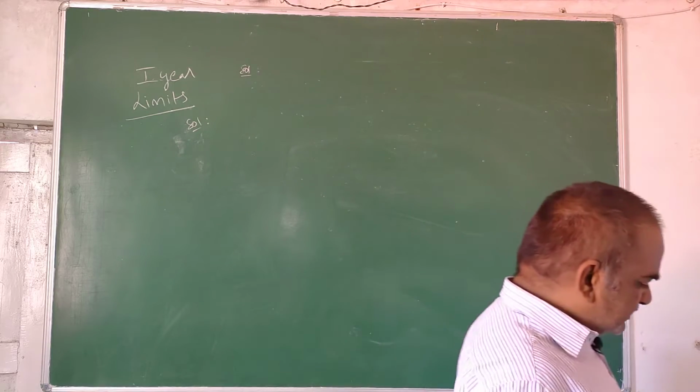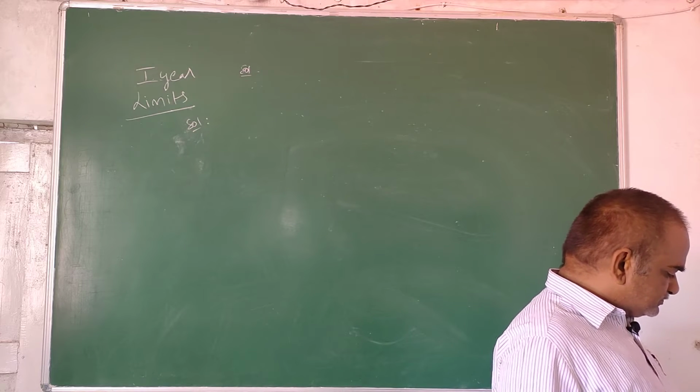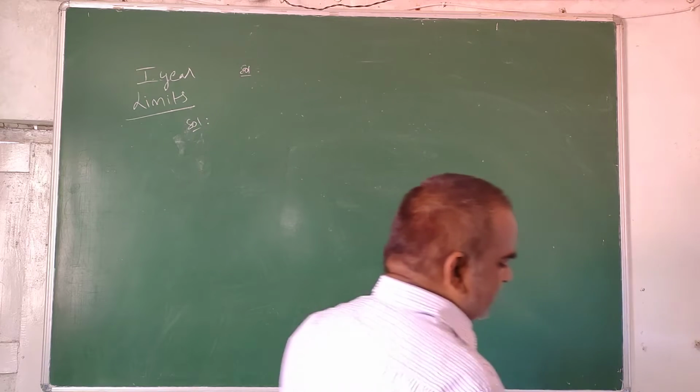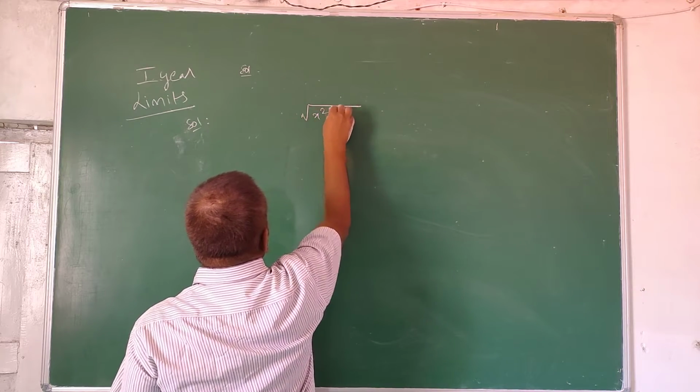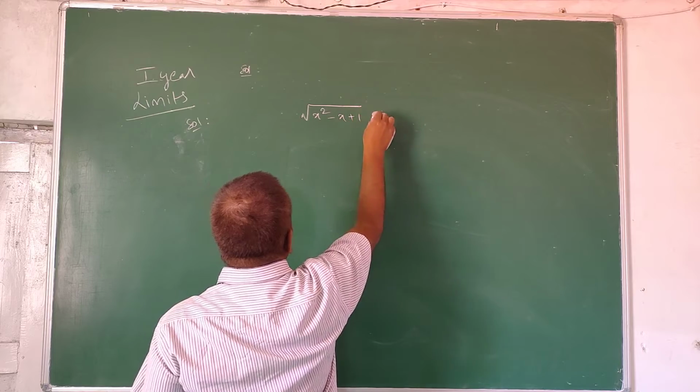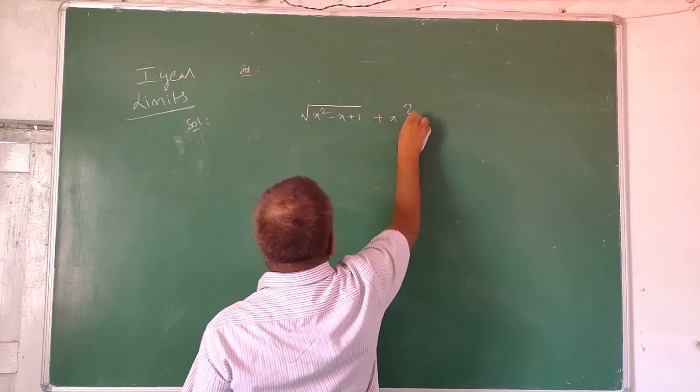So the question is: the limit as x tends to minus infinity of root over (x square minus x plus 1) plus x.